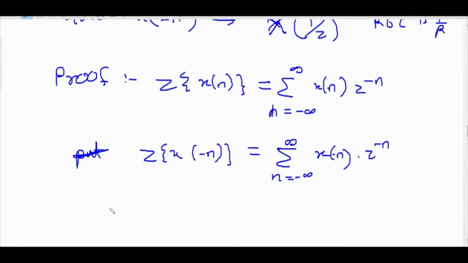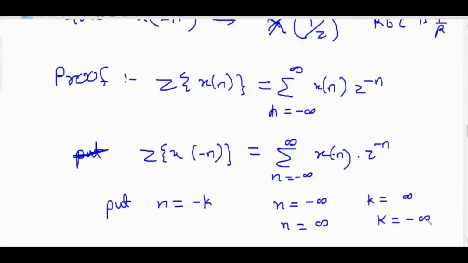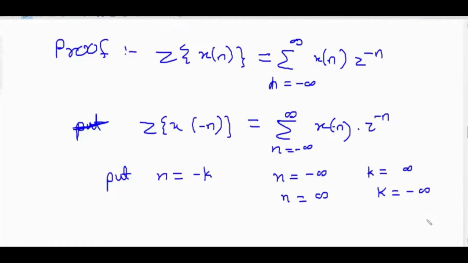Now put n equal to minus k. Therefore, when n is minus infinity, k will be plus infinity, and when n is plus infinity, k equal to minus infinity. Just use the substitution.